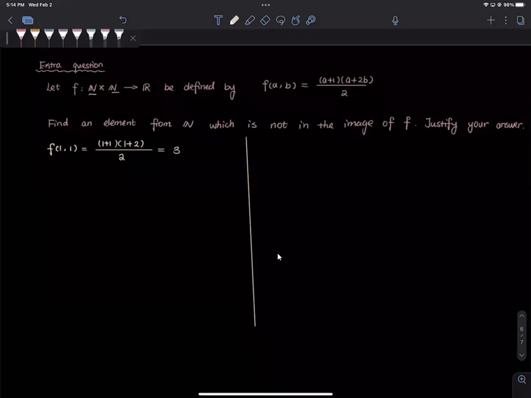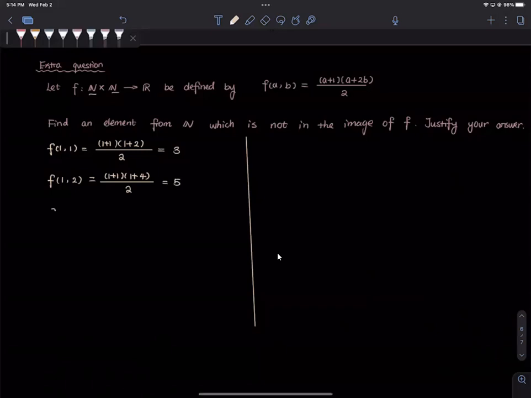The next one you can try, for example, (1, 2), will give you 1 plus 1, and you have 1 plus 2 times 2, which is 4 over 2, which is going to be 5.